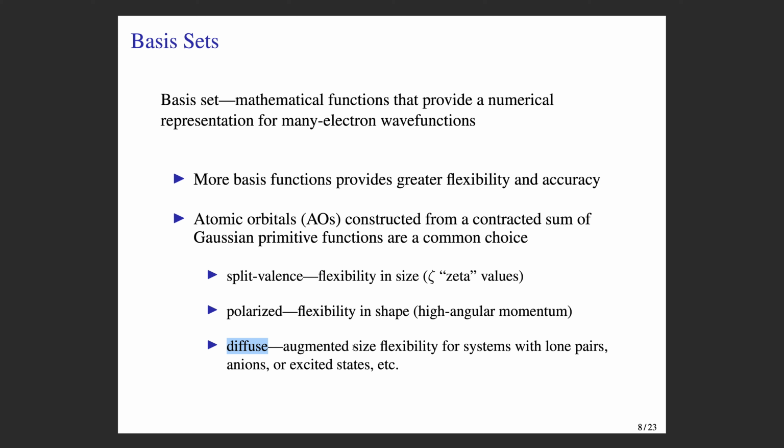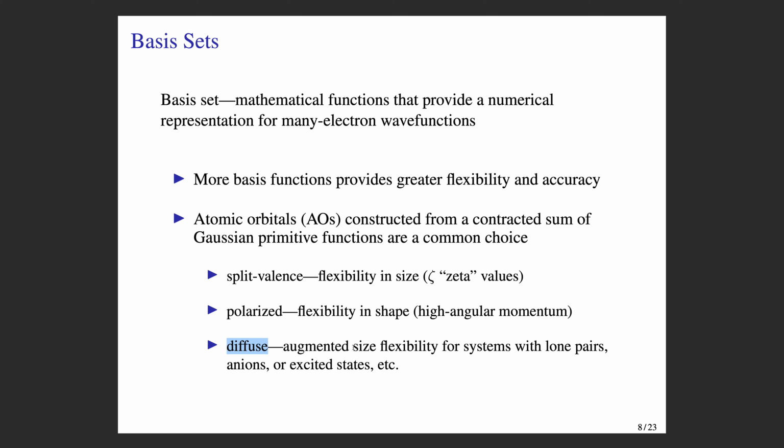I should say they allow the electronic density to extend far beyond the atomic cores. And so this is useful for systems where you have lone pairs of electrons which expand into space around the molecule, or if you have an anion where there's extra electrons on the molecule that would be further away from the other electrons, or if you have excited electronic states.